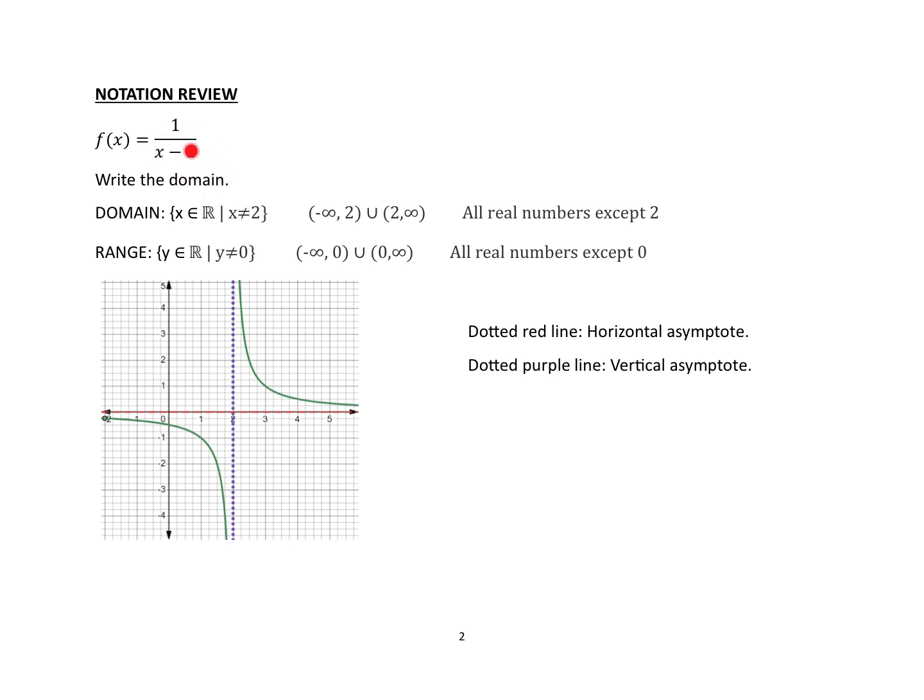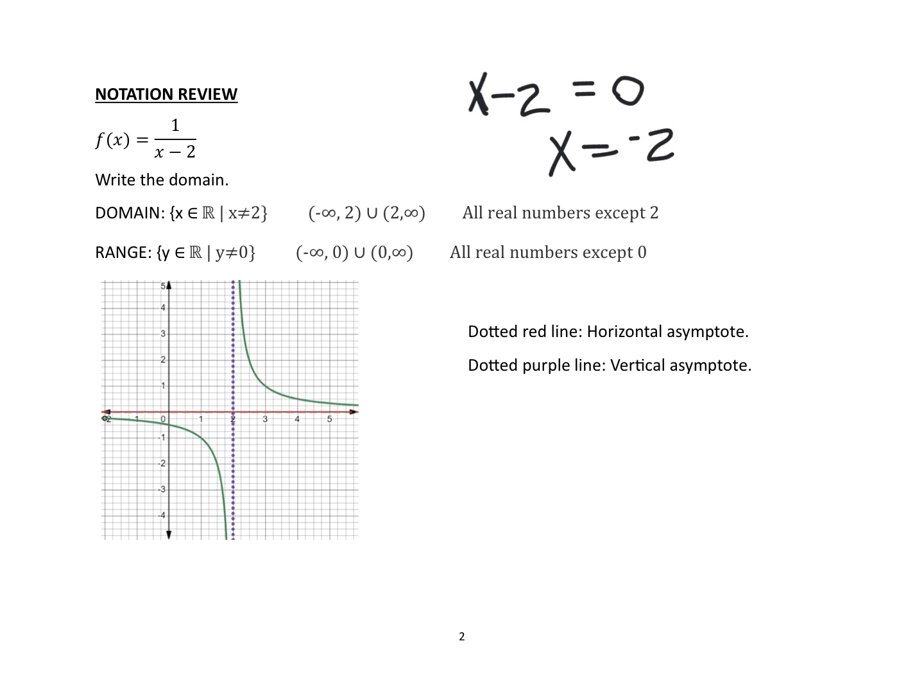Remember, when writing the domain, when you have a rational function, I'm thinking of any number which I plug into the denominator will give me 0. And the way I get this number is by taking the denominator, x minus 2, I make it equal to 0, and solve it. I get x equals 2.